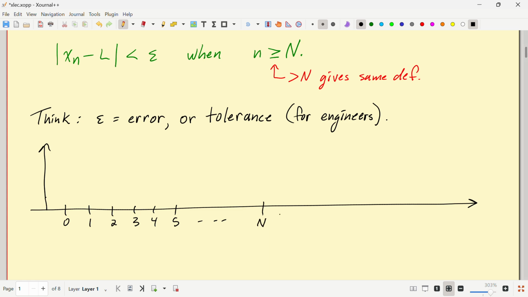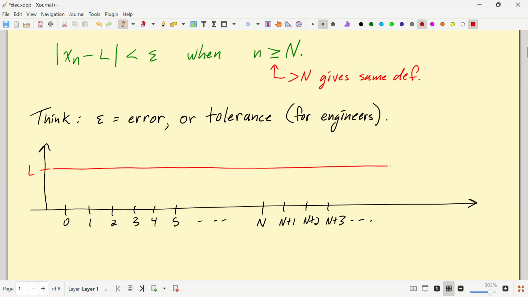Capital N, the one in the definition, capital N plus 1, capital N plus 2, etc. Okay, and here's my limit, L. I'll draw a horizontal line like that. And then L plus epsilon would be a little bit above that L, if epsilon is small. So here's my L plus epsilon. And here's my L minus epsilon.